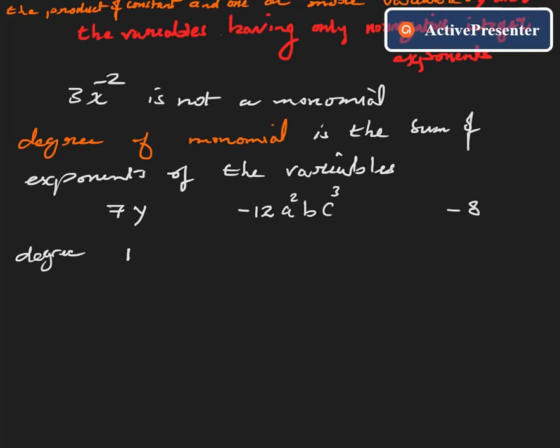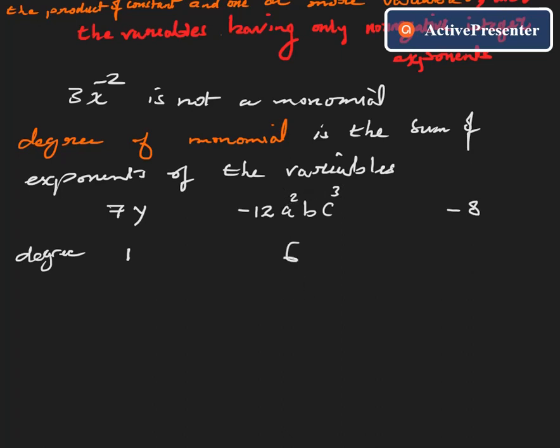What about this one? As mentioned before, it is the sum of the exponents of the variables. If you add the exponents, we have here 2, here 1, and here 3, so our answer is 6.